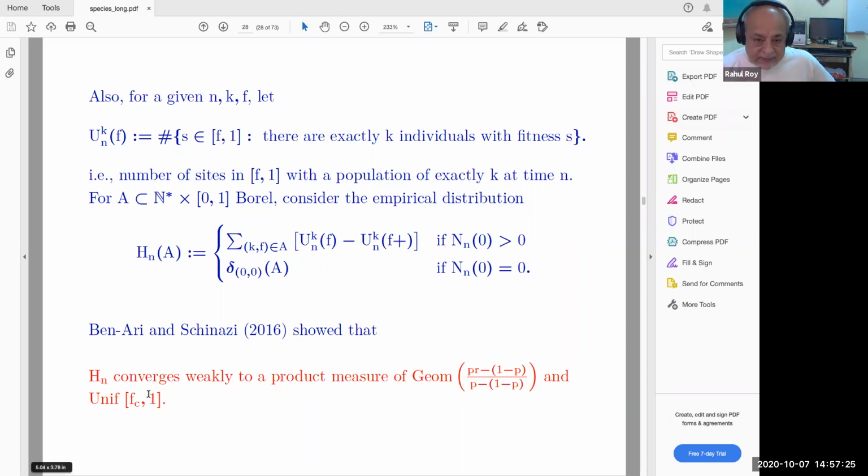Remember, the [0,1] here is the location in F, the location of where the species survives. So the sites are, of course, uniformly chosen, but the heights, or the population sizes at any of these sites, have a geometric distribution with this as the parameter.